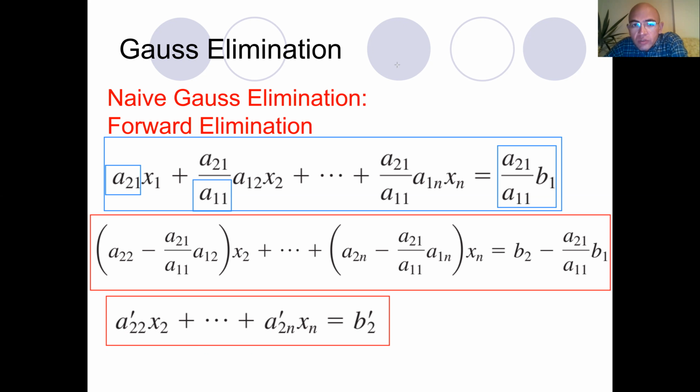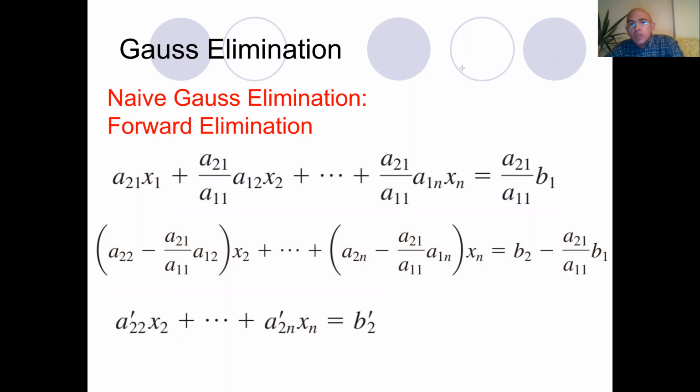So certainly b prime 2 is equal to b2 minus a21 divided by a11 multiplied by b1. A22 prime is this expression, a22 minus a21 divided by a11 multiplied by a12, or the nth term is this expression. So this is a prime 2n, the expression inside the brackets.